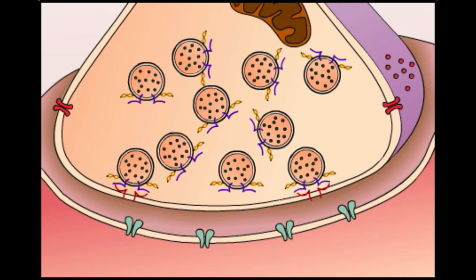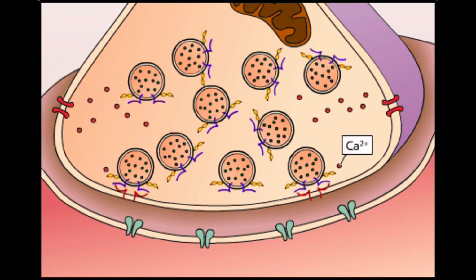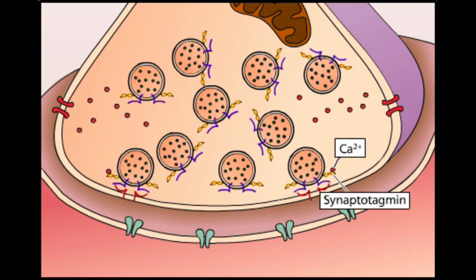The membranes of the synaptic vesicles are drawn together via protein complexes, collectively called SNAREs, that are expressed on the vesicle and presynaptic membrane. When the axon terminal is depolarized, voltage-gated calcium channels open, and calcium ions rush into the axon terminal. Some of the calcium ions bind to a protein on the synaptic vesicle membrane called synaptotagmin.